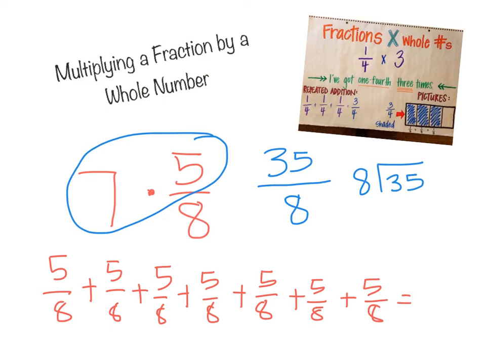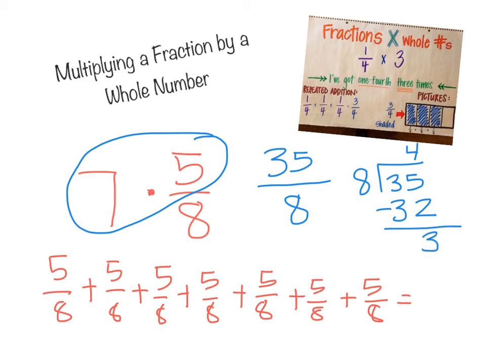But 8 times 5 I went over, so I have to go with 8 times 4. So I'm going to put my 4 up here. And now I'm going to multiply 8 times 4, which equals 32. And I'm going to subtract, which I get 3.